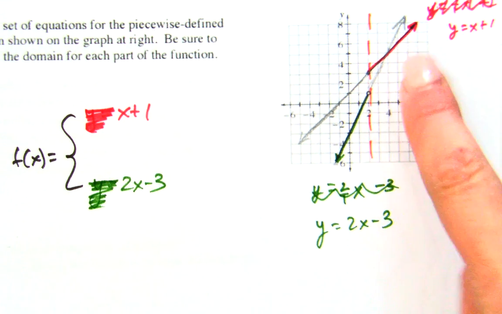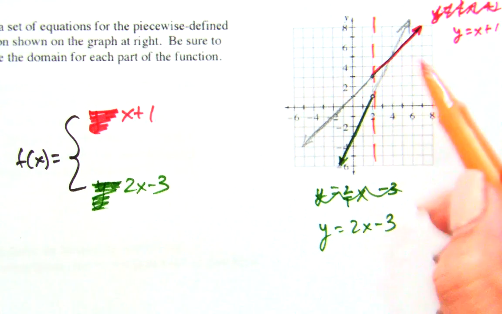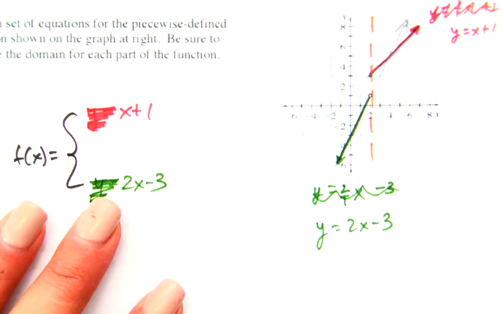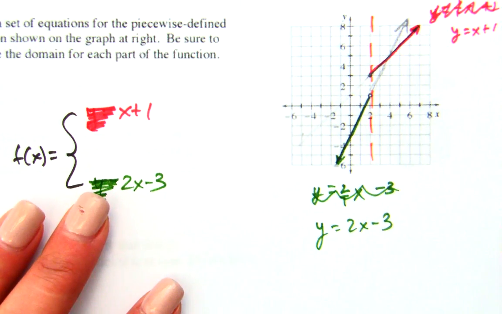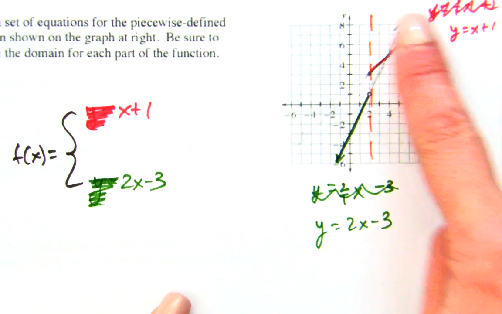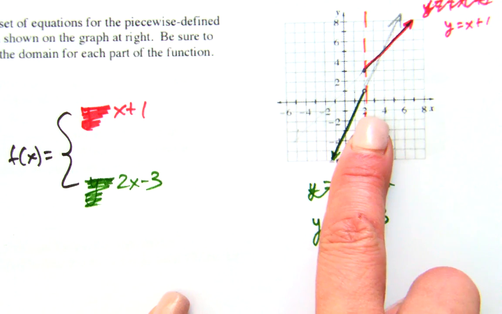All right, so x plus 1, which is the red one, is going to be true whenever x is on this side, the right side of positive 2.